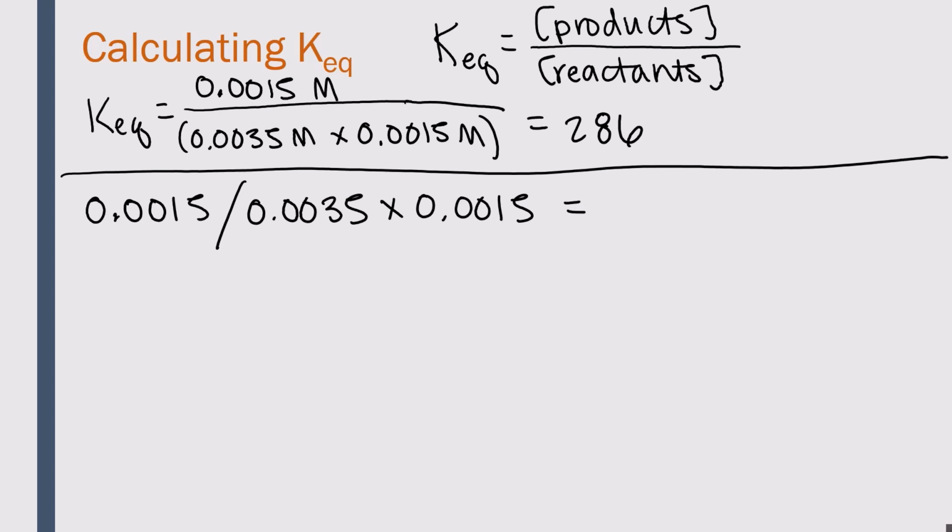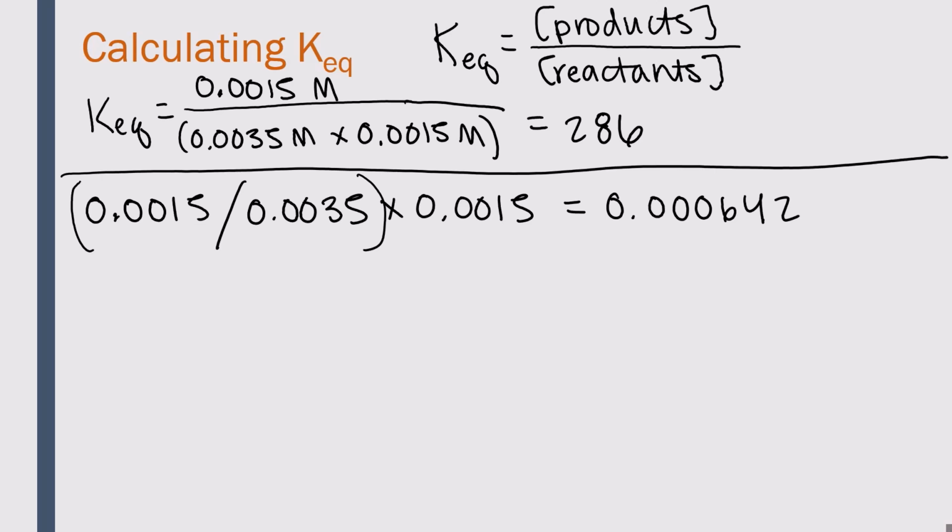Now, the issue with this is that if I type it in this way, my calculator is going to read it as divide and then multiply, and we'll end up with a very different answer. 0.000642, which is a very, very different number from 286.